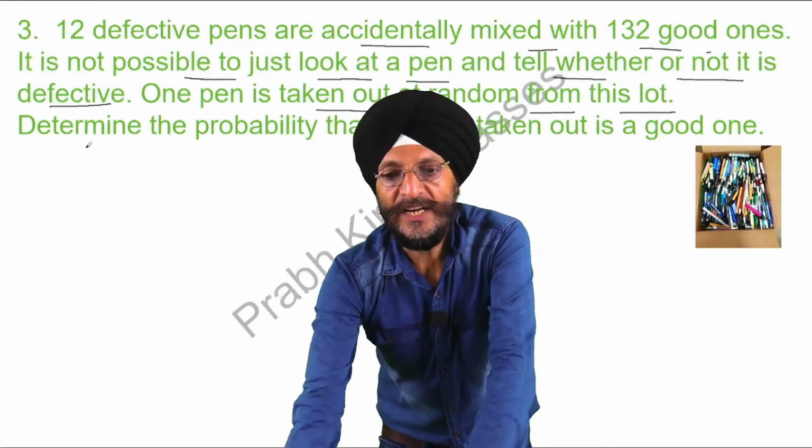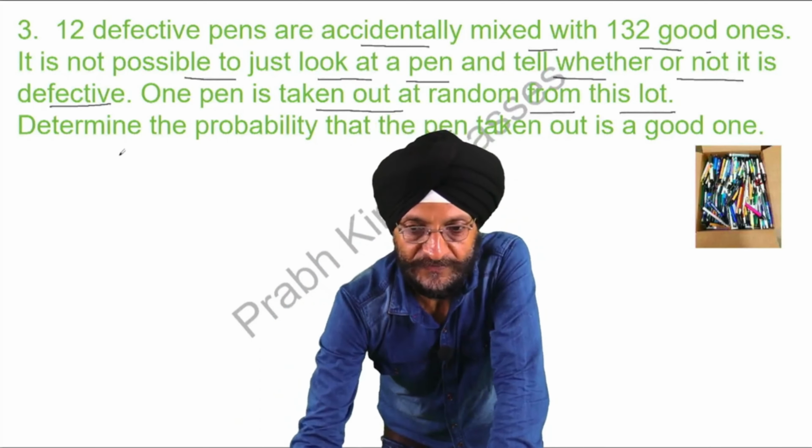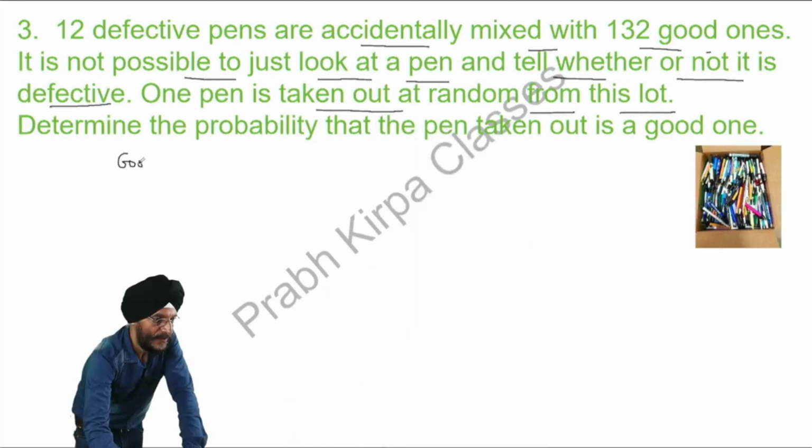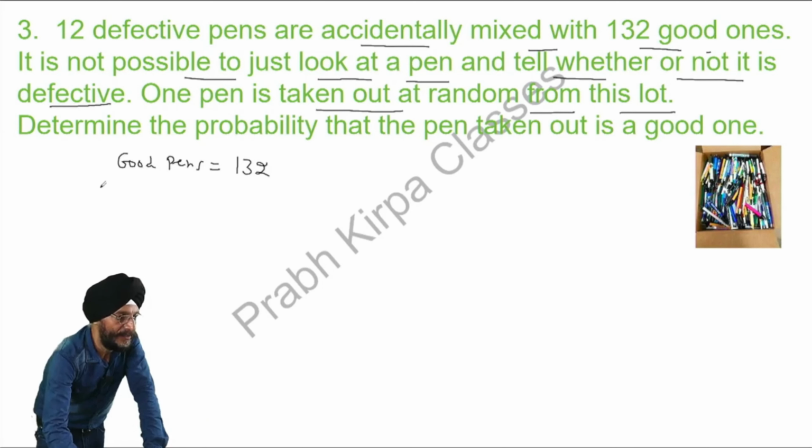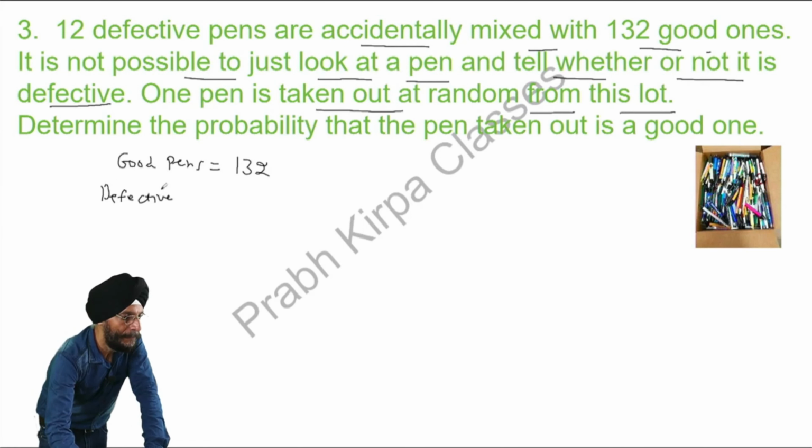What is the question? That there are some good pens and the quantity of this is 132. There are some defective pens. Defective pens are 12.